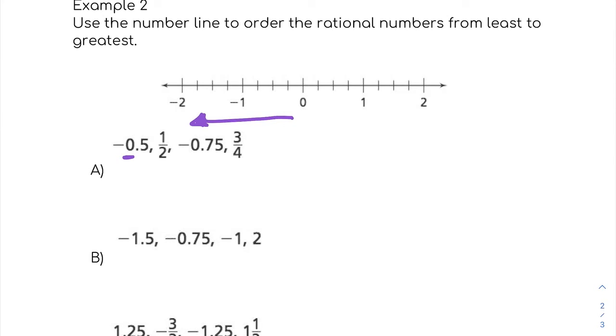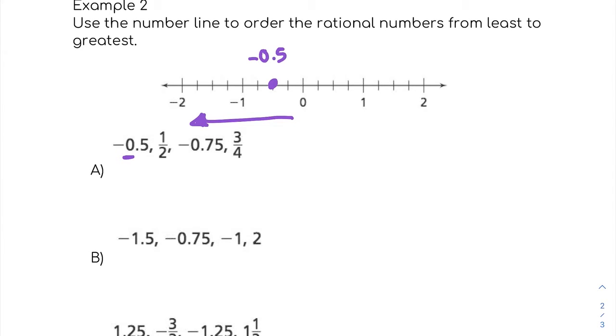And it's 0.5, which means that it is exactly halfway in between 0 and 1. So if I count my tick marks, I have 1, 2, 3, 4. So halfway in between would be on the second tick mark. So I'm going to put my dot here, and this is going to represent negative 0.5.